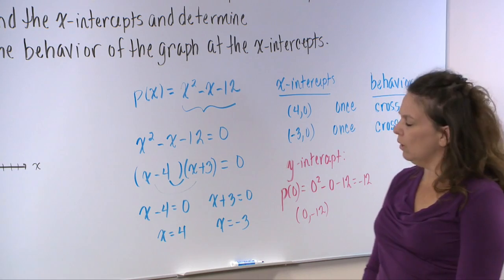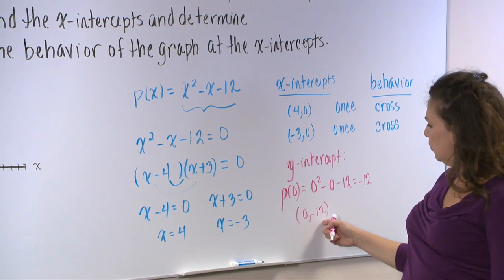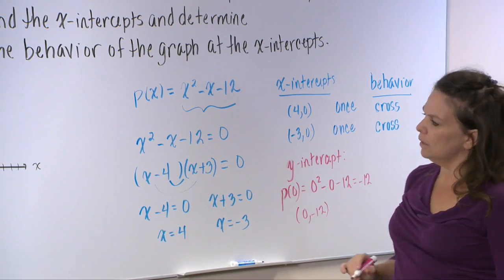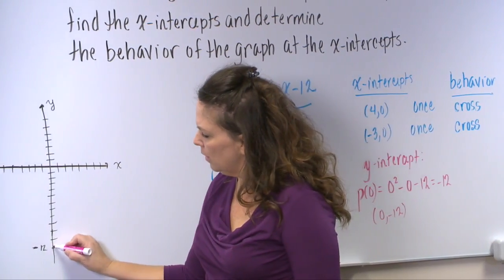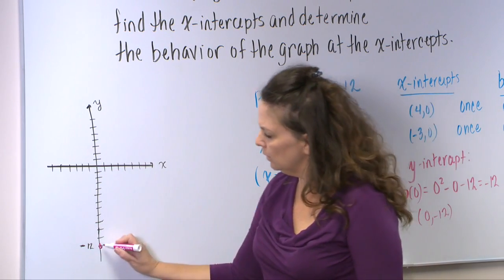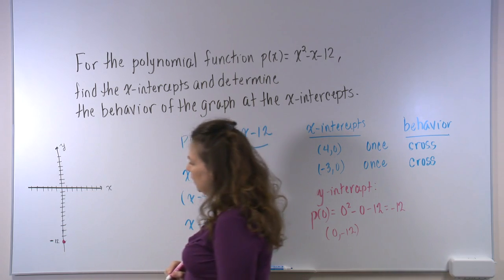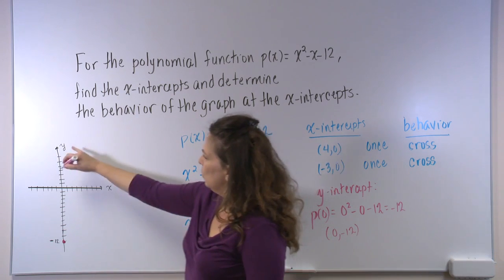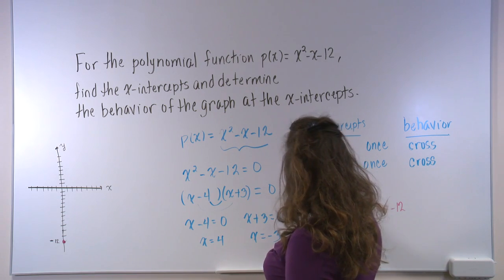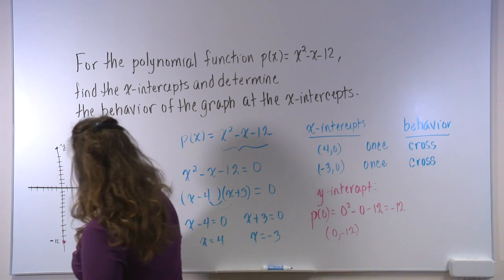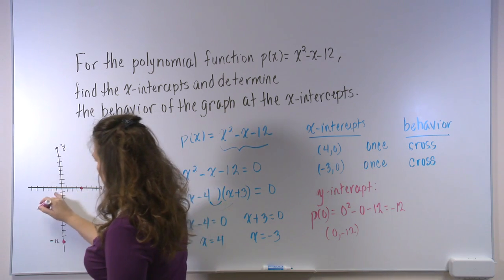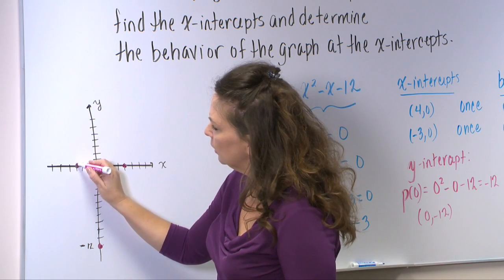Now I'd like to go over to the graph, and I'd like to plot the point, the y-intercept 0, negative 12, as well as the x-intercepts. So I have 0, negative 12. I've already actually labeled negative 12 here. So I have 0, negative 12 for the y-intercept. The x-intercepts were 4, 0, 1, 2, 3, 4, and negative 3, 0.